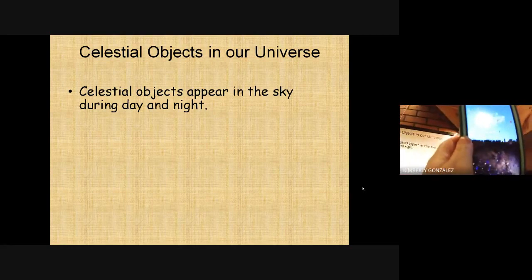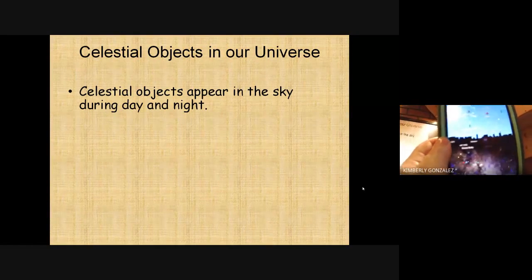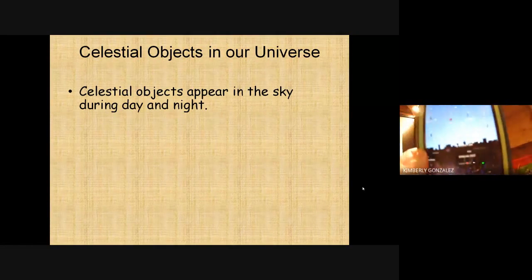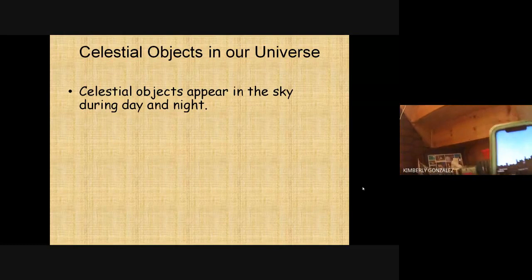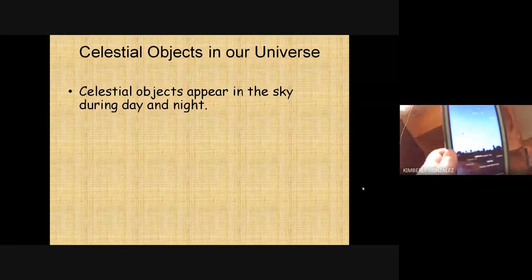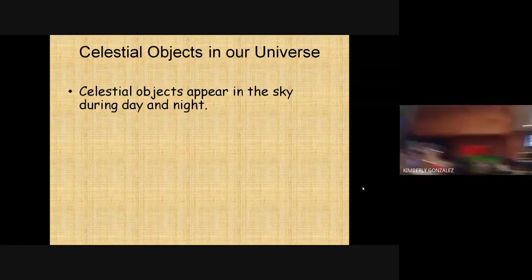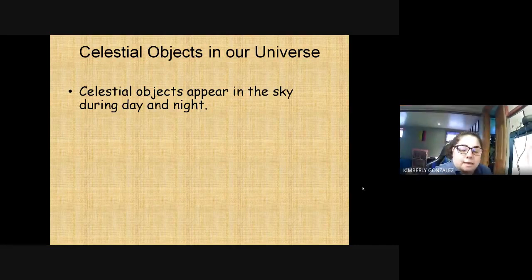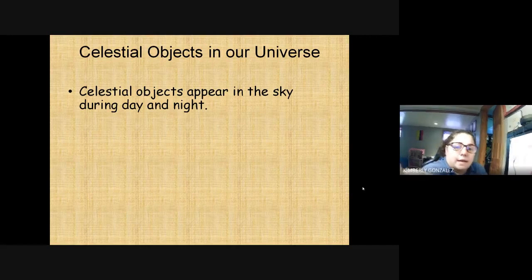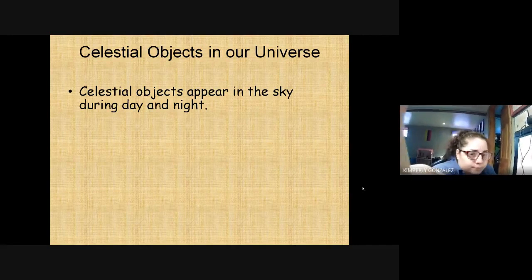We got Mercury and Libra right next to it, and then Venus is right next to that. There's Virgo. So these are all celestial objects that if you go outside right now, the sun's light is blocking it, so you can't necessarily see it. Plus, you may not see it all the time.